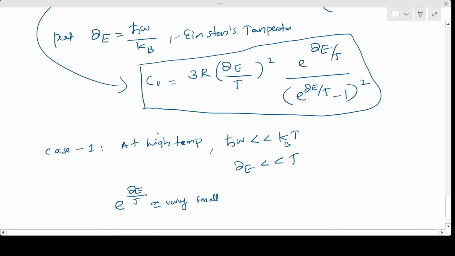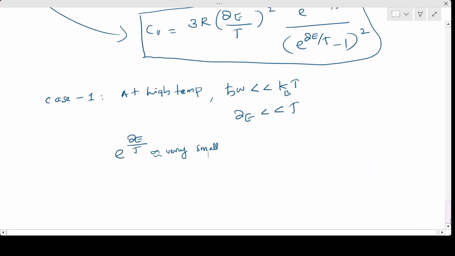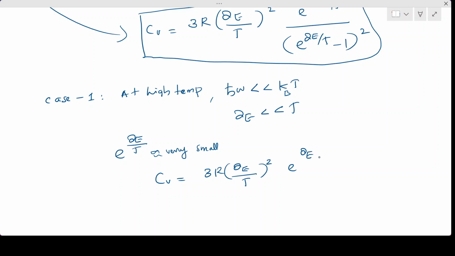And in that case you can modify the Cv expression. You can simply write it as 3R, theta E by T square, e raised to theta E by T, divided by, we'll have an expression, right?